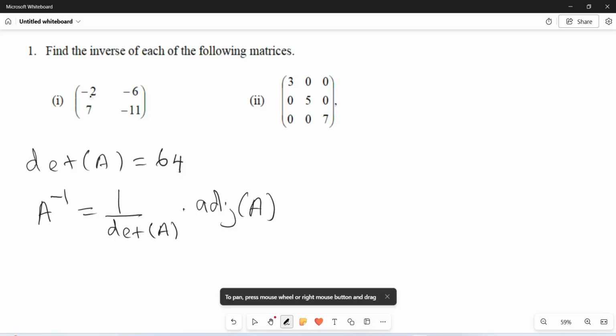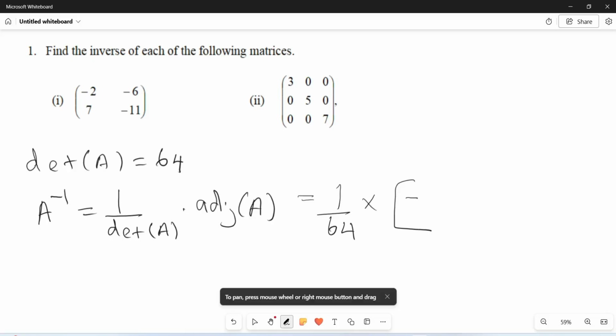That is the way you interchange the left diagonal. And for the right diagonal, you keep the elements as they are, but you multiply by negative. So now my target is to get the adjoint A. First I will write the determinant A, 1 over 64, and adjoint A is, how do you write that one?